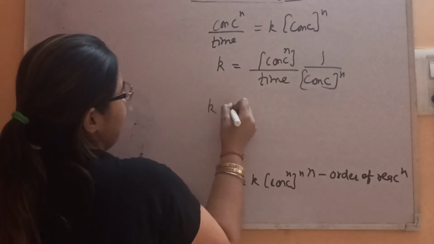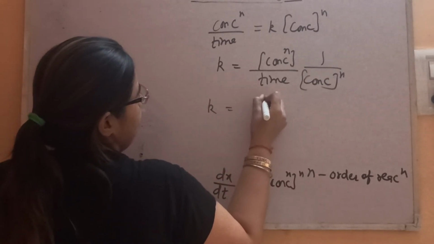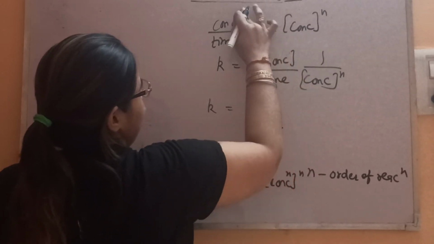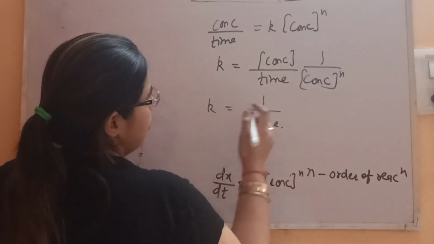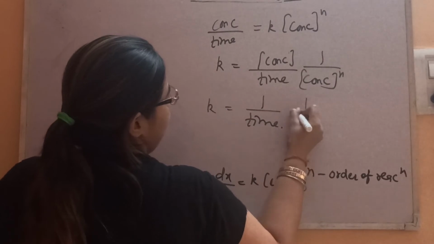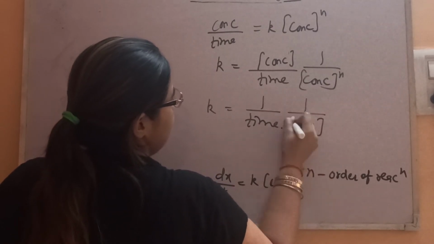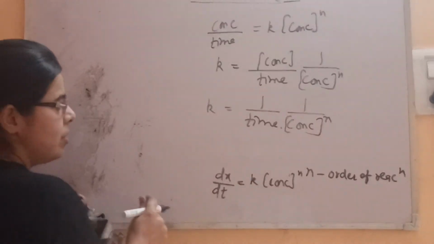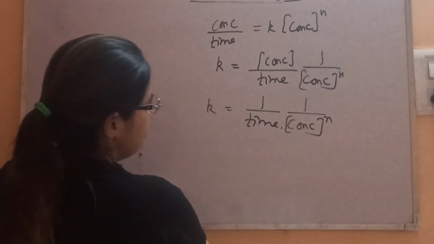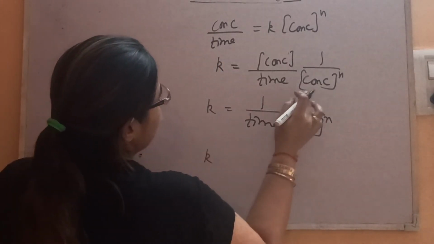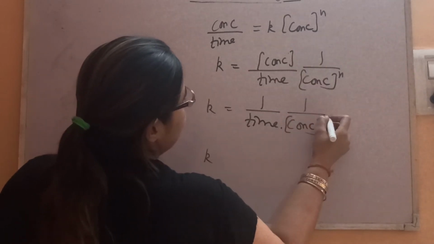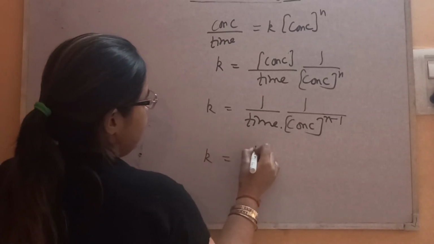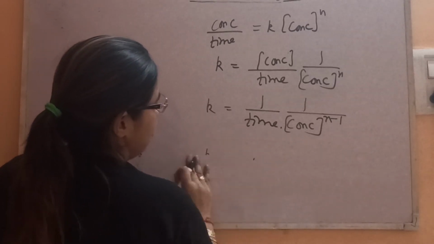Now K is what? 1 upon time, divided by concentration to the power n. Okay, so this is the expression. So what will be the total expression here? Concentration to the power n minus 1. So this is the total expression.